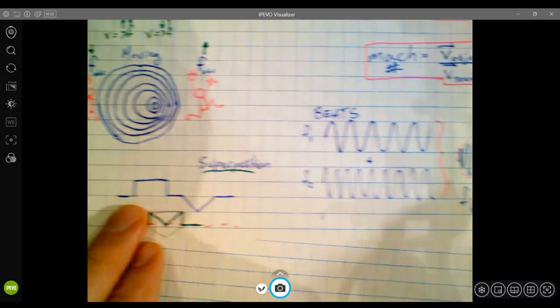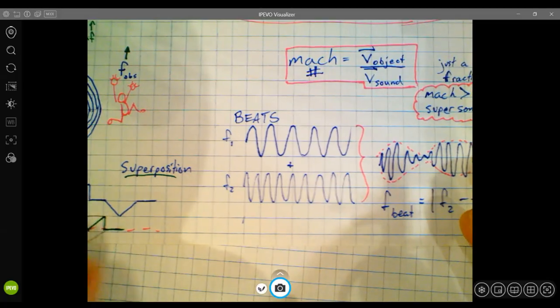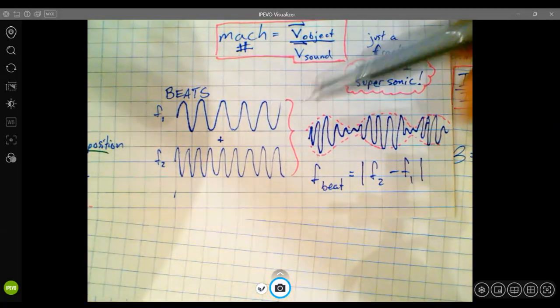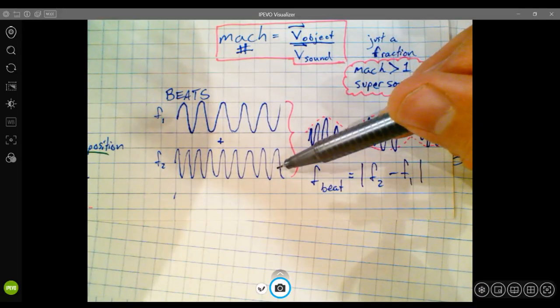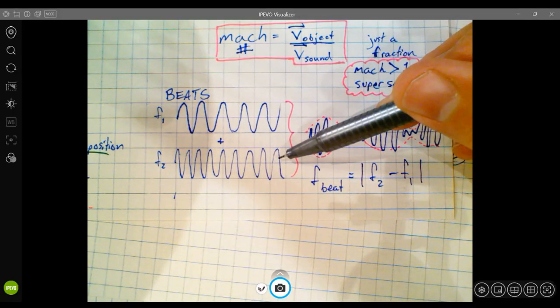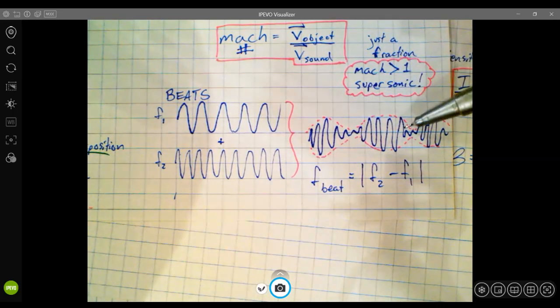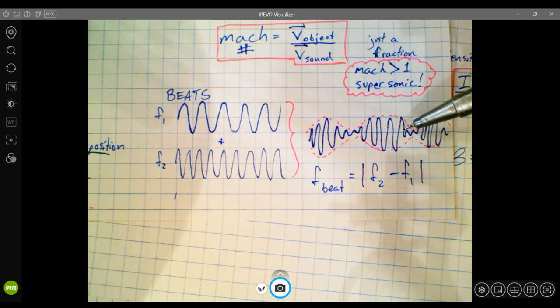Superposition also is what gives rise to the concept of beats. And when we have two different frequencies, one with a different wavelength than the other, and we superimpose these, they experience beat superposition, you may end up having a waveform that looks like this, where the blue represents the resulting waveform, and this pink envelope that I've drawn over top of it would be the beat envelope.